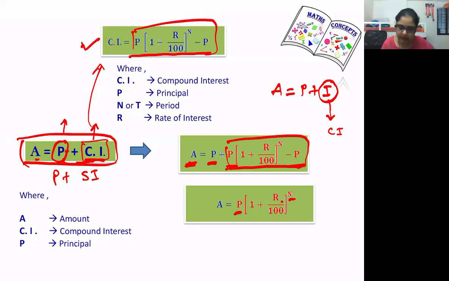Here it is P plus this term minus P. It's like 2 plus 5 minus 2. Right? Can I cut these twos? Can I say that my answer is 5? Yes, right? We have learned this in integers. So this will be P minus P. I'll cut these P's. And what do I get? Here, the formula for amount.